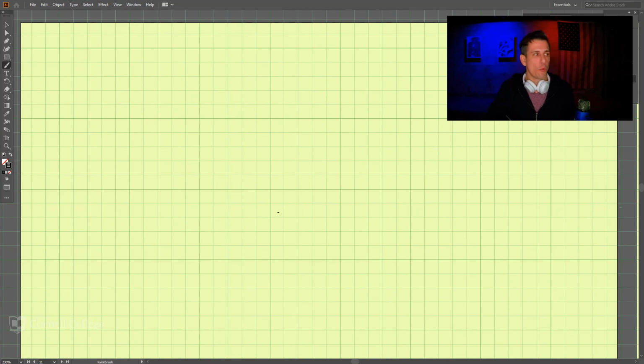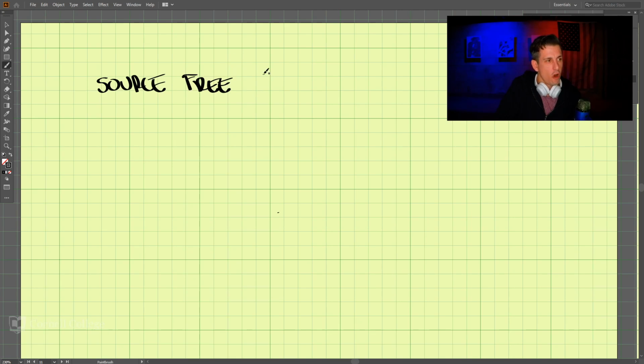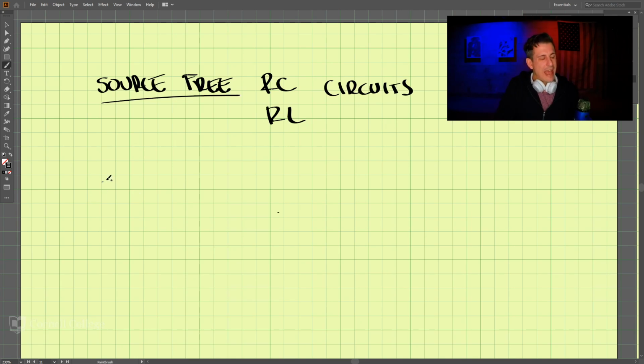So up until this point, we've looked at source-free RC circuits and RL circuits. So what happens when we add a source? When we add a source, sometimes we say add an excitation source.